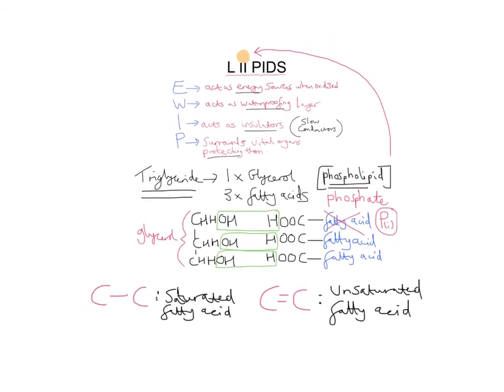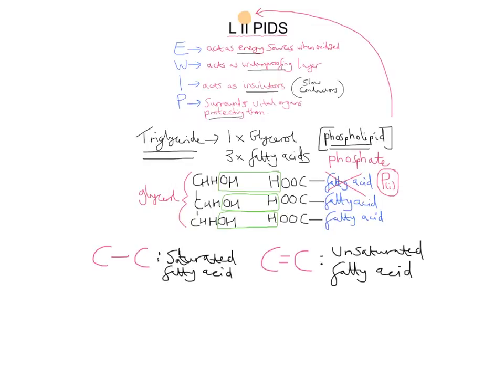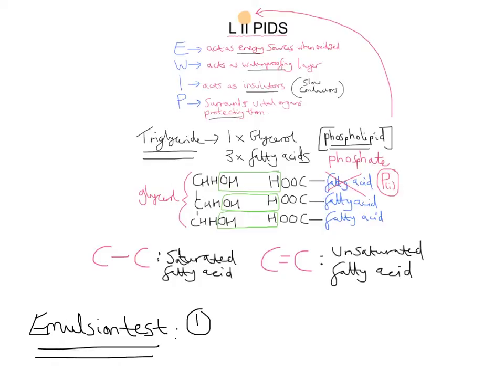So again, we'll reduce this down. The test for lipids is known as the emulsion test. We'll talk through the stages of that emulsion test. So, number one, if you wanted to find out if there was any fat in a particular food, you do this emulsion test.